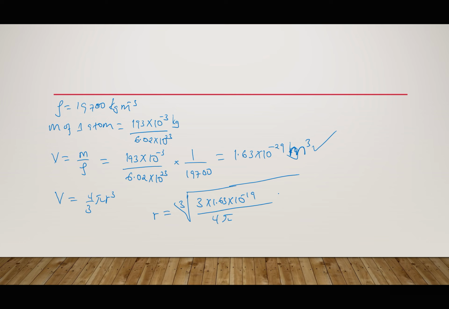So I have 3 times 1.63 exponent minus 29 divided by 4 pi, then cube root. Let me check this again.